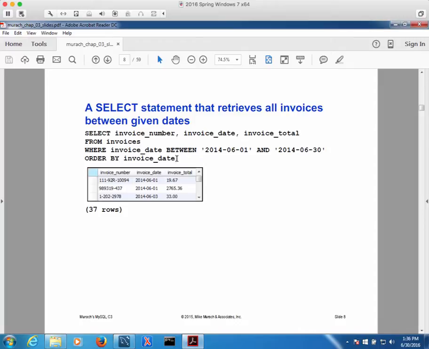Okay. And I just want to point out that we say that it's between these two and it's inclusive. If you look at what came out in the answer set, we have a row that is 2014-06-01. So it doesn't have to be greater than that. It's including the endpoints. And then we have an order by as well.